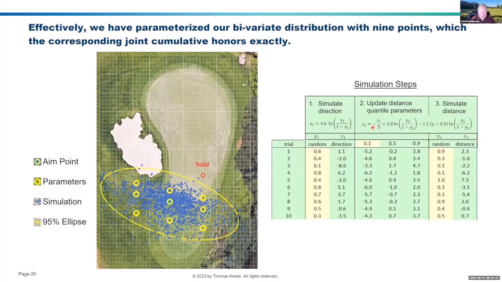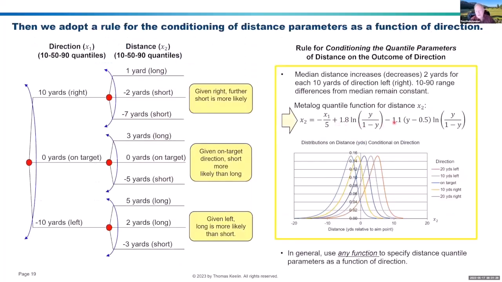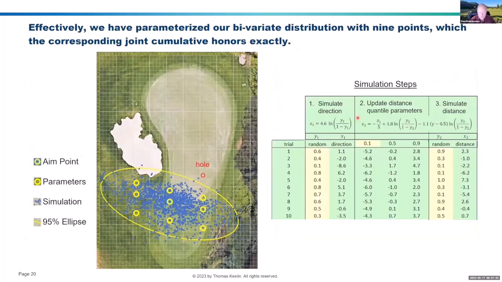And by the way, this is the equation that results from this simple rule assumption. So you just plug Y2 into this equation, you get your simulated value, and that's what gives you this entire shot pattern. The nice thing about this is you can parameterize the shot pattern to be tailored to whatever happens to be your specific golf game or your specific peer group.